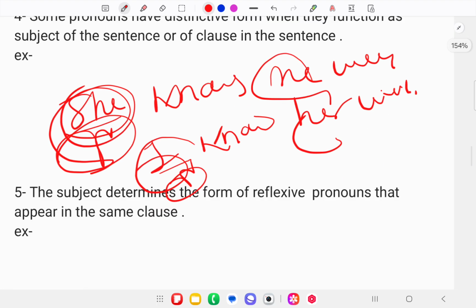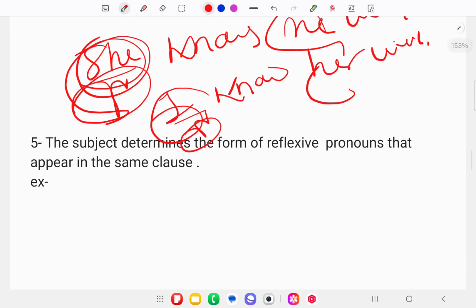Next, we have another point, step number 5: the subject determines the form of the reflexive pronoun that appears in the same clause, in the sense that the subject of any sentence determines what the reflexive pronoun in the object position should be.